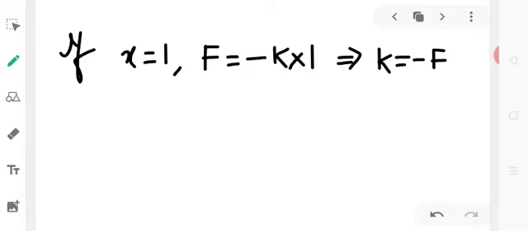The value of k depends on length of spring L, radius of the spring R, and nature of material of the spring wire. So we can write down that k is inversely proportional to length.